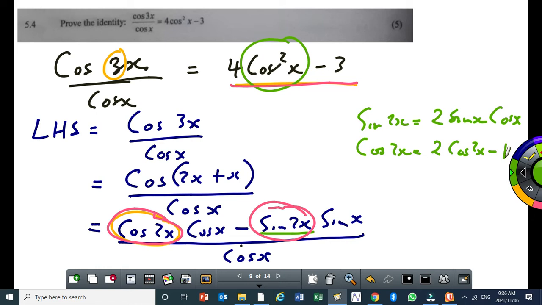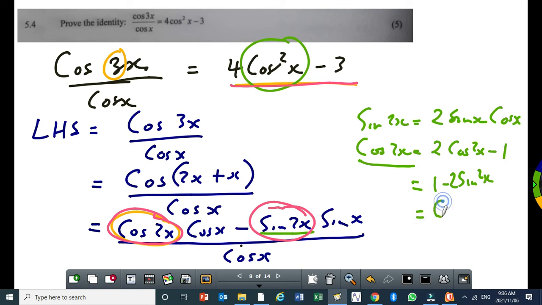Alright. Before you say that you got this, be aware that this double angle here has got 3 forms. It can also be written as 1 minus 2 sine squared x. It can also be written as cos squared x minus sine squared x.